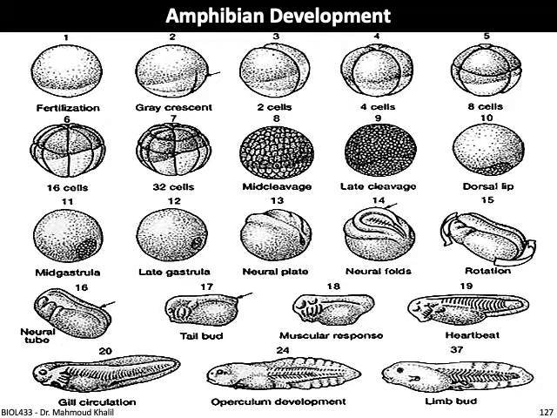So you can see how the cleavage proceeds, followed by the mid-cleavage stage, late cleavage stage, then the formation of the dorsal blastoporal lip at stage 10, then the mid-gastrula, late gastrula, and the neural plate formation starting from stage 13, until the complete closure of the neural tube by stage 16, then formation of the tail bud, muscular responses, and then the heart beating starts at stage 19, and then the gills start forming at stage 20, and the operculum is formed at stage 24, and finally the limb bud at stage 37.